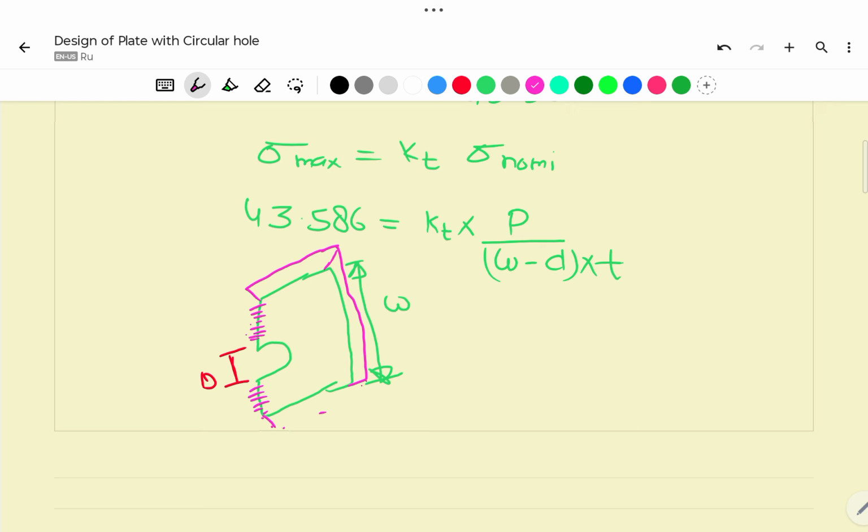The plate will be like this, with thickness this way. This particular region is sigma nominal, P by (W minus D) into T. So we will calculate the KT value.